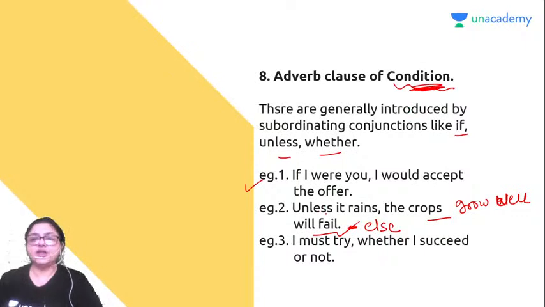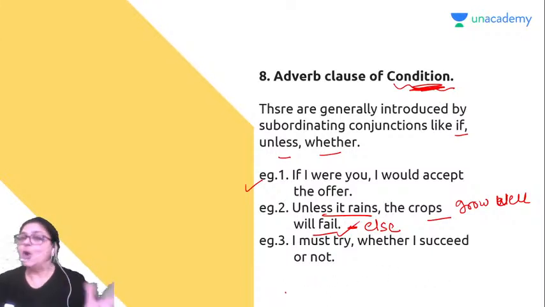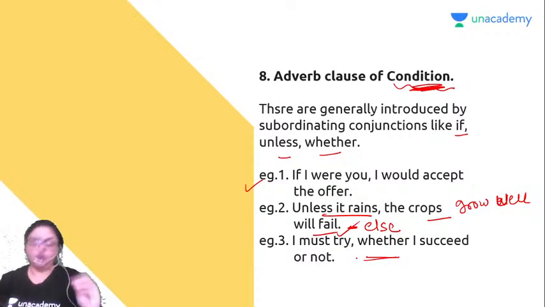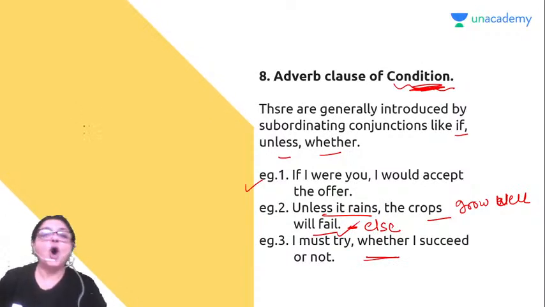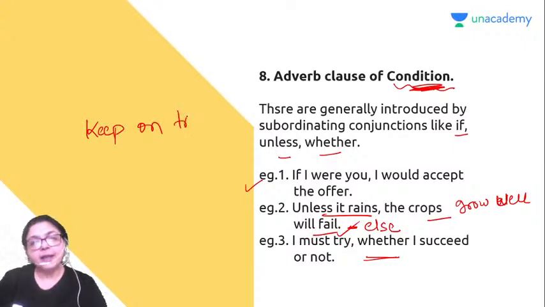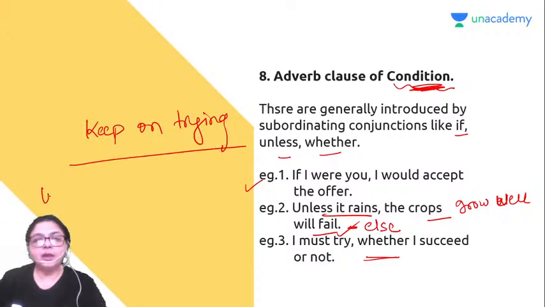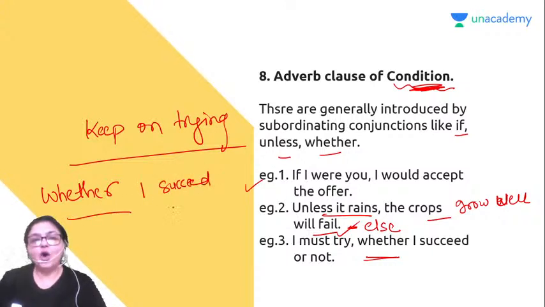This is a condition. I must try whether I succeed or not. Now, this is something very, very important for all of us. We have to keep on trying, whether I succeed or not.